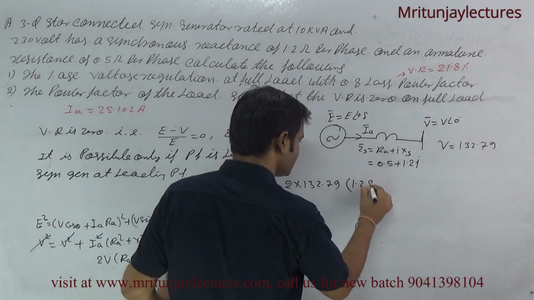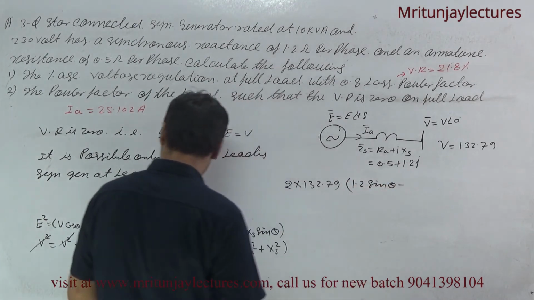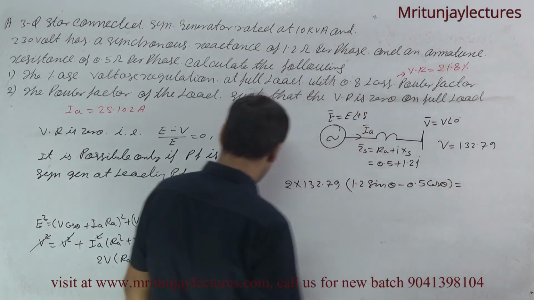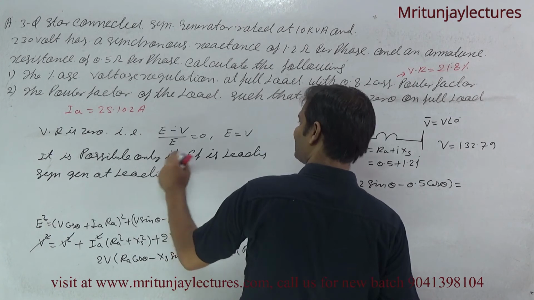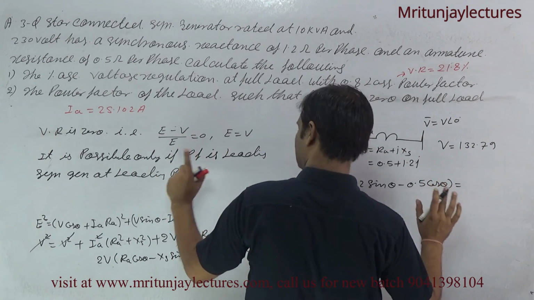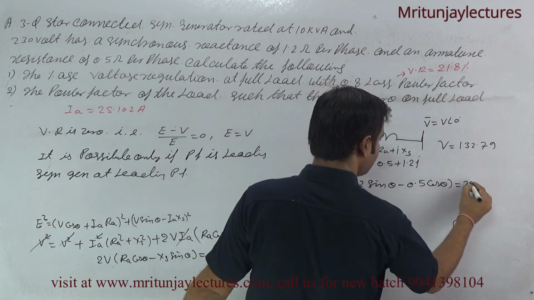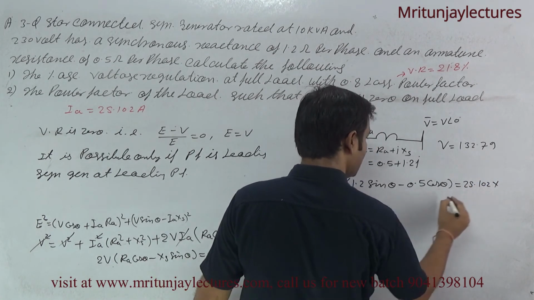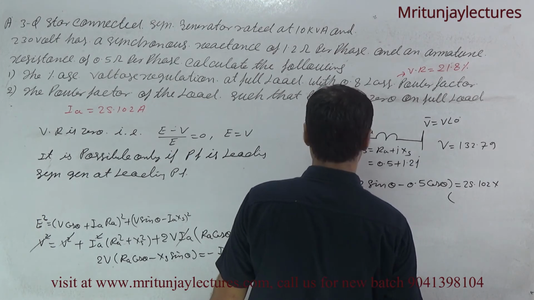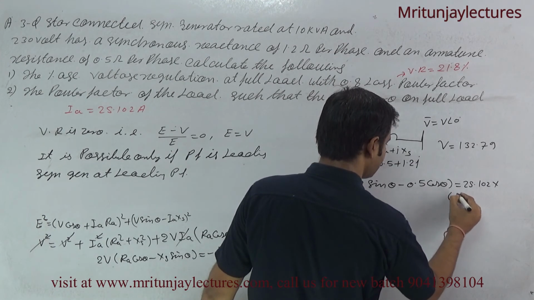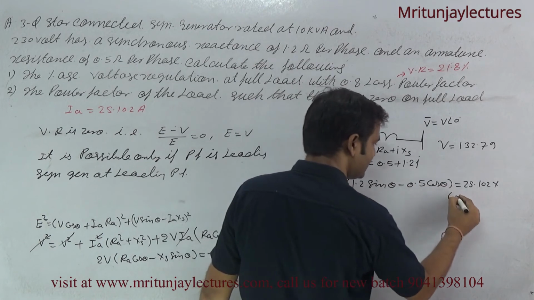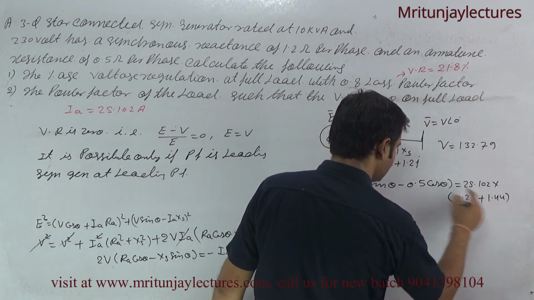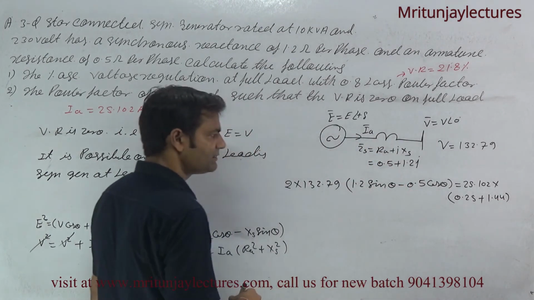That is 1.2 sin theta minus Ra, which is 0.5, into cos theta. This is equal to IA, which is 25.102, into (Ra square, 0.5 to the whole square, that is 0.25, plus 1.2 whole square, that is 1.44).